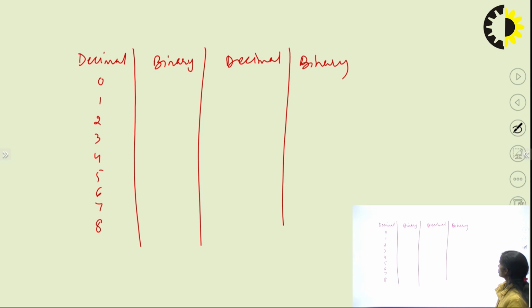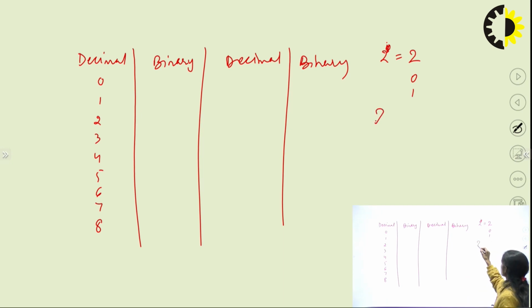If I want to represent any number, suppose I want to represent 2 in a binary number, I require a certain number of bits. To represent two numbers with 1 bit, we have only the 2 digits, 0 and 1, as combinations.